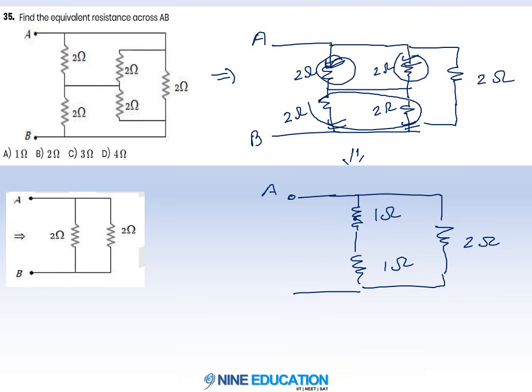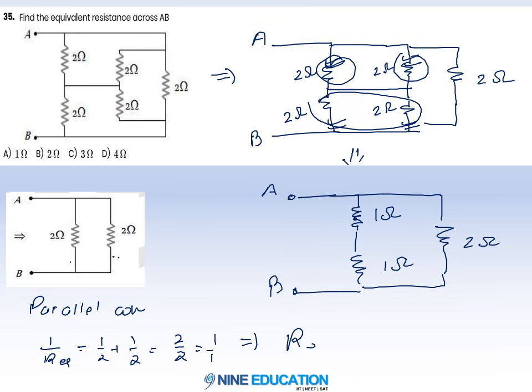In series, equivalent becomes R1 plus R2, so it becomes 2 ohm and 2 ohm. Now these 2 ohm resistors are in parallel combination, and for parallel combination, net equivalent becomes 1 upon 2 plus 1 upon 2 equals 2 upon 2 equals 1 upon 1. So R equivalent becomes 1 ohm.